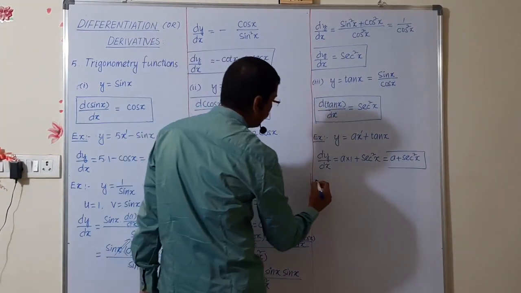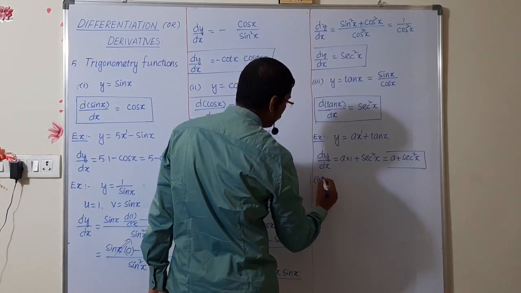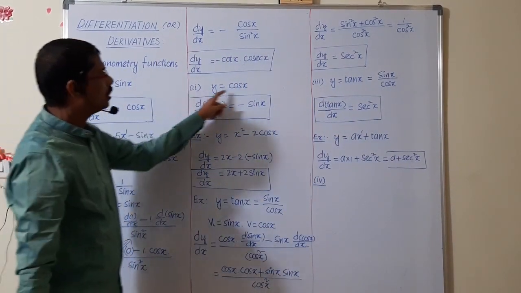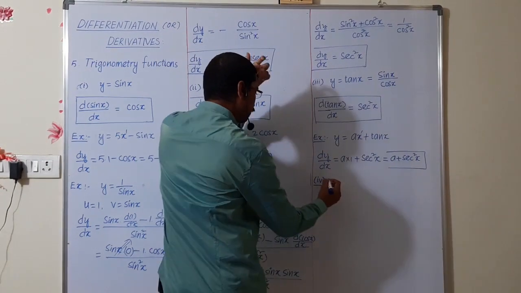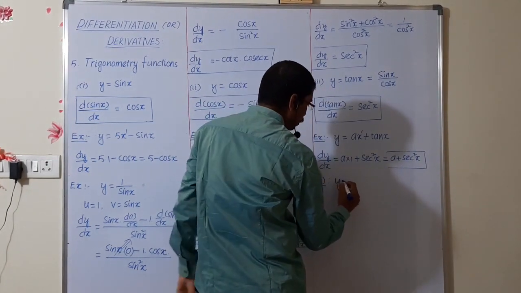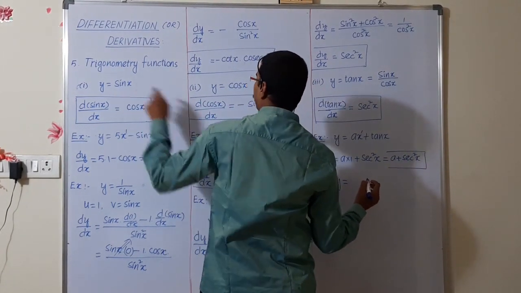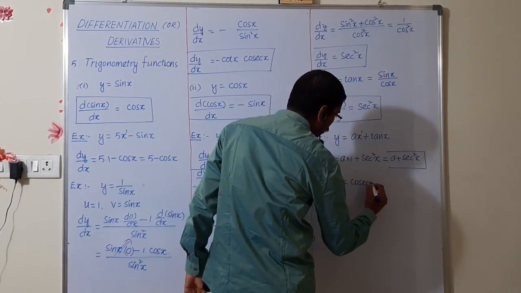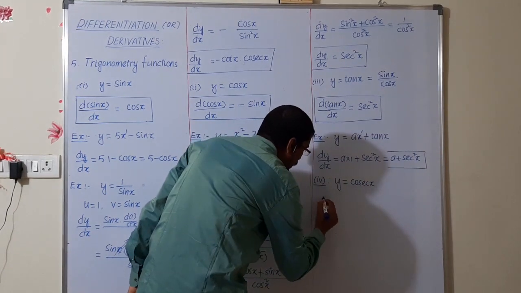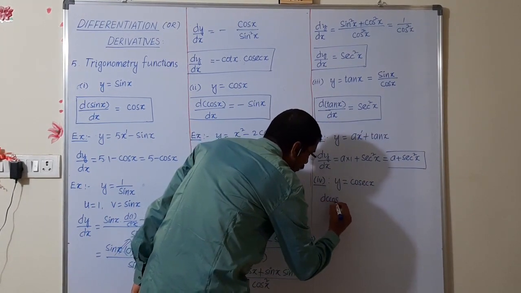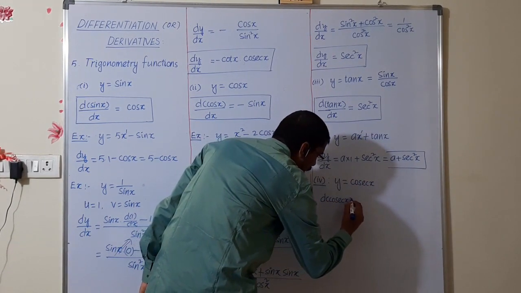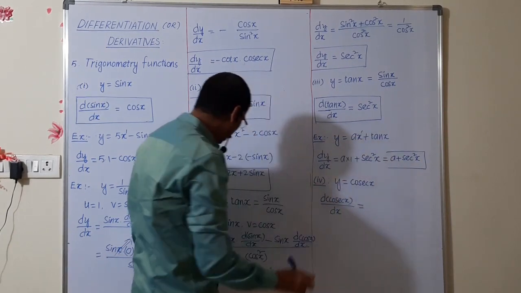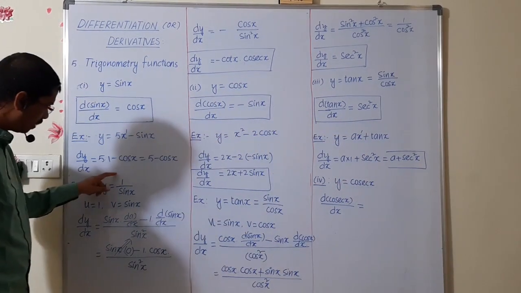Now if you take another ratio, it is 4 to 1, the 3 ratios completed. What is the first one? Sin, cos, tan. We can take the reverse. Y equals sin reverse, what is that? Cosec x. The differentiation of cosec x upon dx, already this sum we also solved, where it is 1 by sin x.